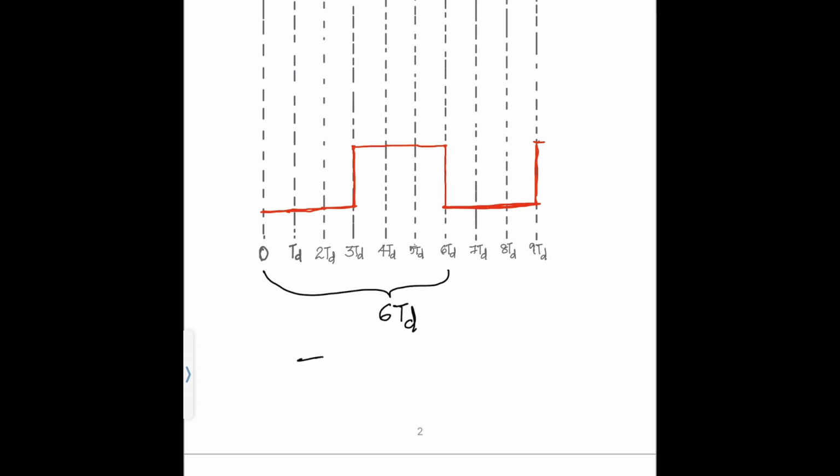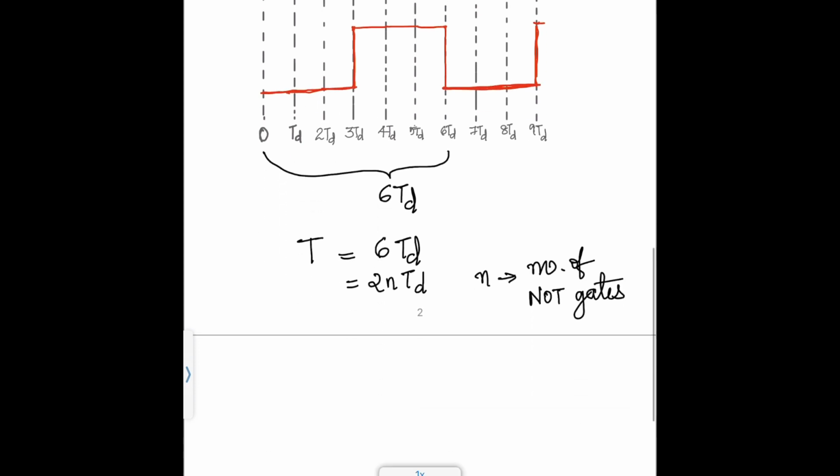That is, the time period T is 6 Td, and that is 2NTd, where N is the number of NOT gates. And when we calculate the frequency, f is equal to 1 by T, and that is 1 by 2NTd.